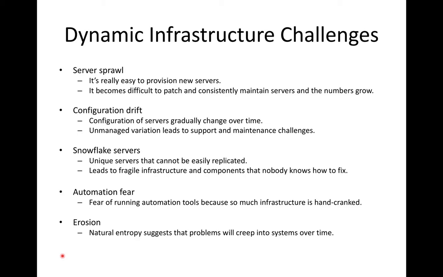And I see this happen all the time when companies are first beginning to deploy infrastructure in the cloud. They start out by deploying maybe a couple dozen EC2 instances, and then before you know it, 6 months later, they suddenly have hundreds of instances.